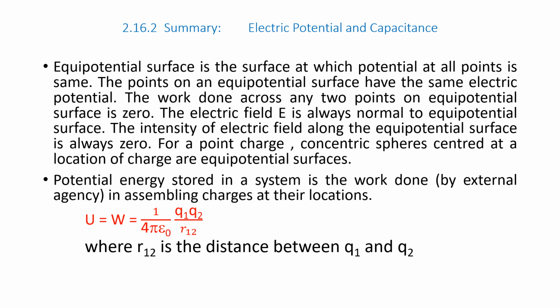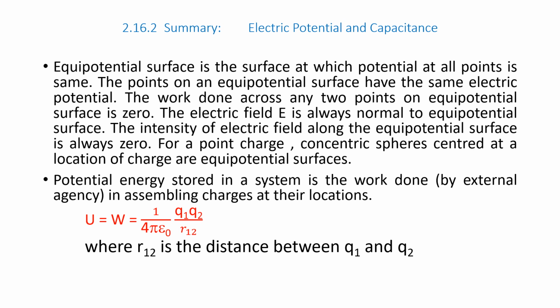Equipotential surface is the surface at which potential at all points is same. The points on equipotential surface have the same electric potential. The work done across any 2 points on equipotential surface is 0.